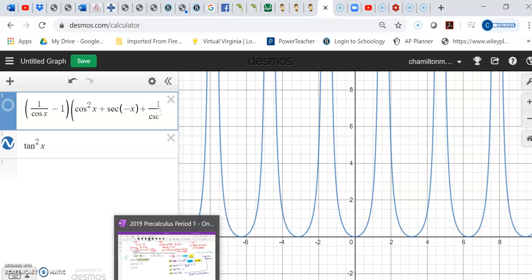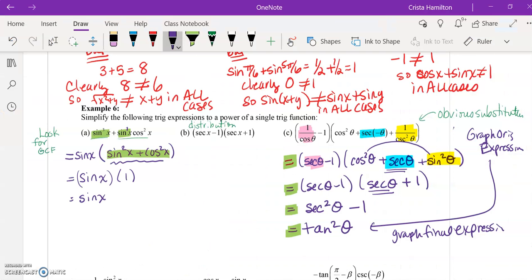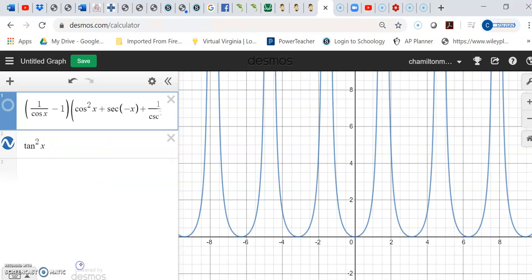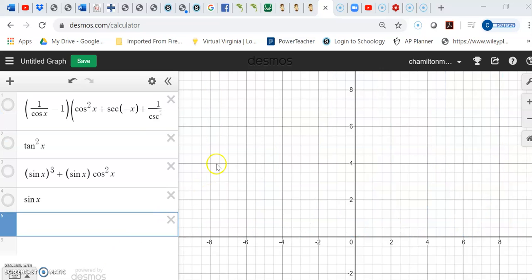Now we could do the same thing for the one that we started with, which was, let me look at it again, sine cubed x plus sine x cosine squared. So we can type that in. I'm going to pause so that you don't have to watch me typing it in and then come back. All right, so coming back in, here I've typed it in. Now notice something here: I actually had to type it in as sine of x cubed with parentheses.